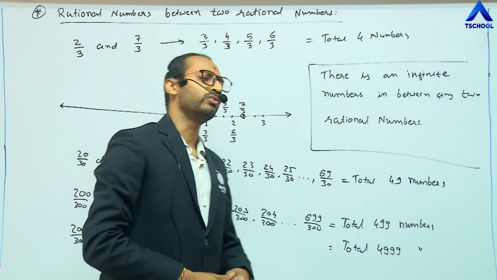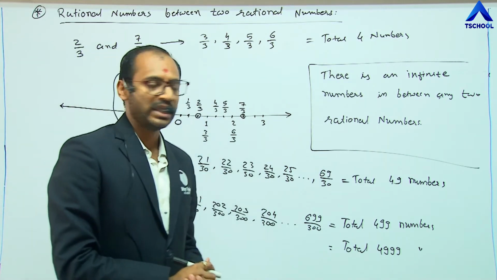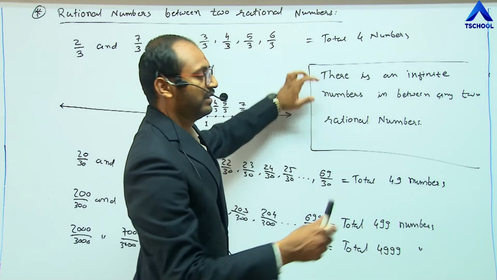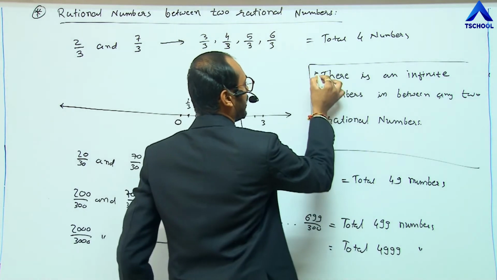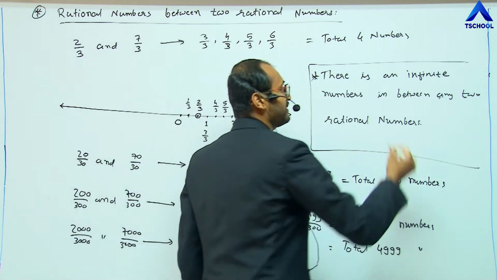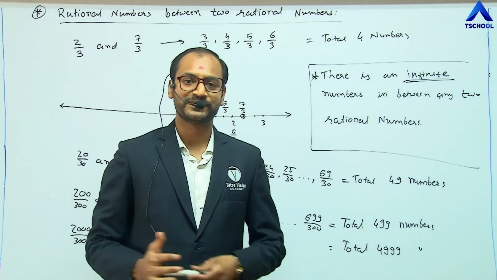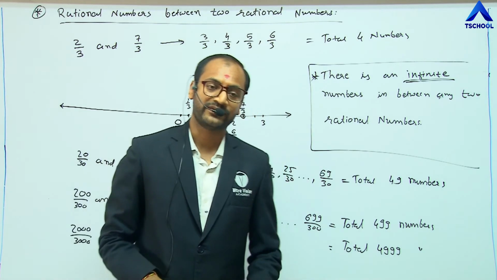If we take any two instead of these two, you may write any other two numbers. When you ask how many numbers are in between any two, the answer is infinite. We cannot count those numbers. Clear? So there are infinite numbers.